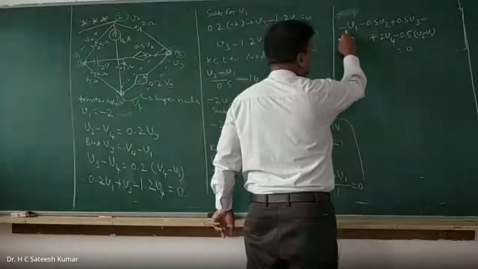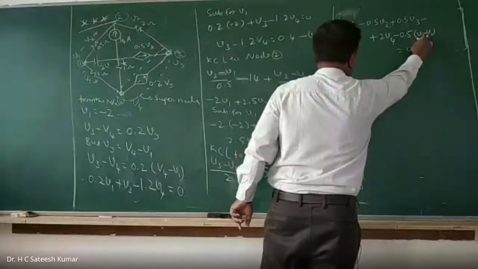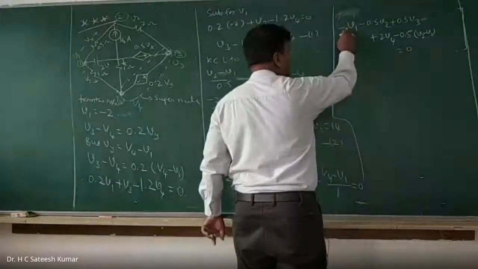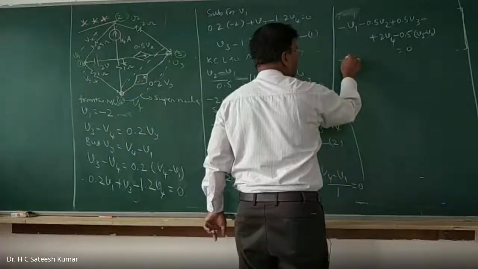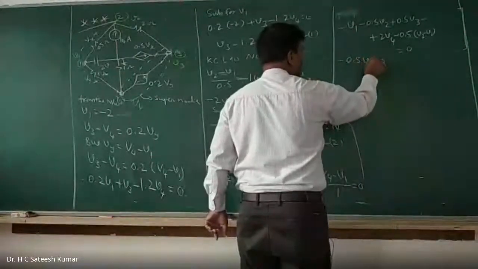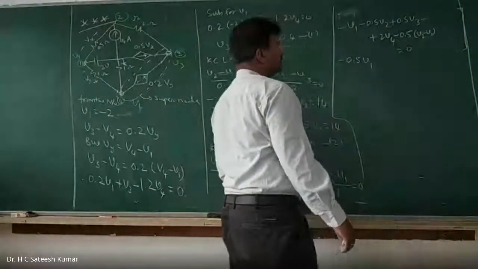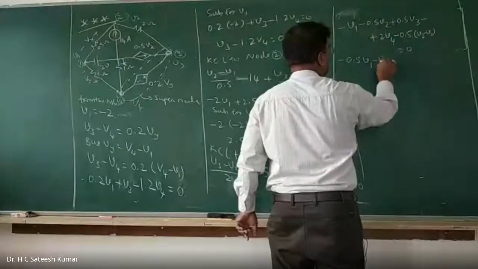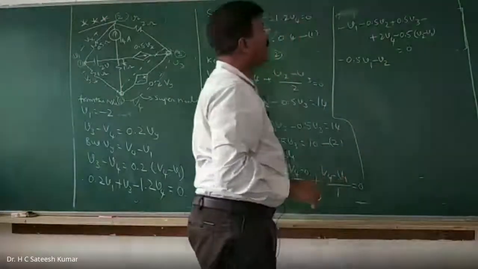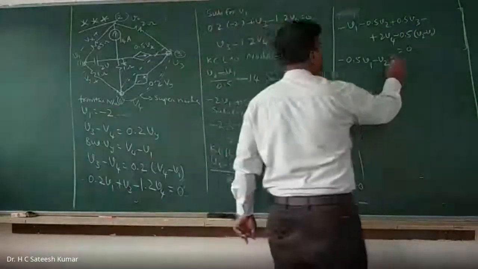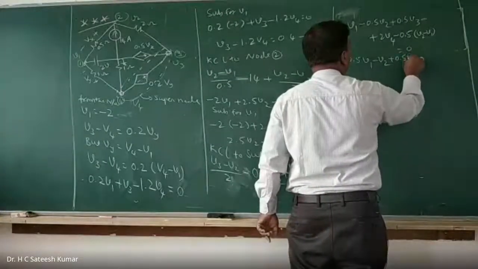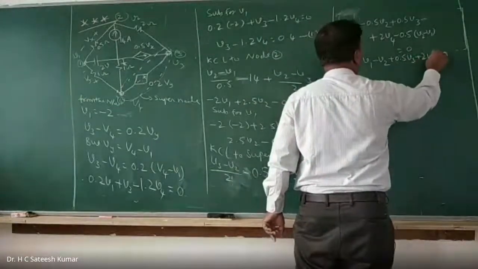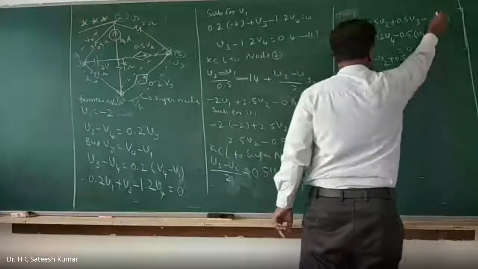Minus 0.5 V1 plus 0.5 V1 minus V1, so you get minus 0.5 V1. What about V2? Minus 0.5 V2 minus 0.5 V2, which is minus V2. What about V3? Plus 0.5 V3 plus 0.5 V3 plus 2 V4 is equal to 0.